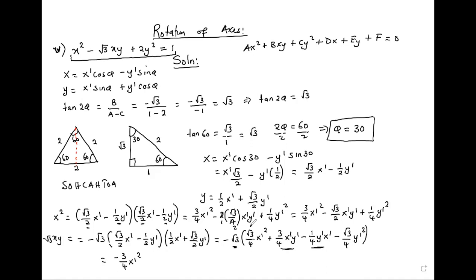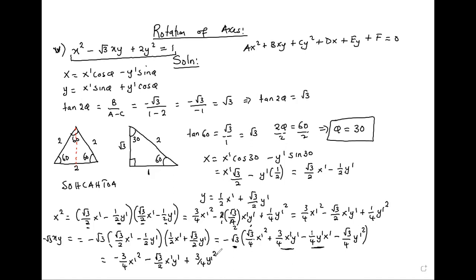And here, remember, we have 2 in the numerator. 2 over 4 is the same as 1 over 2. So we'll have minus root 3 over 2 x prime y prime. And the other now becomes plus 3 over 4 y prime squared.